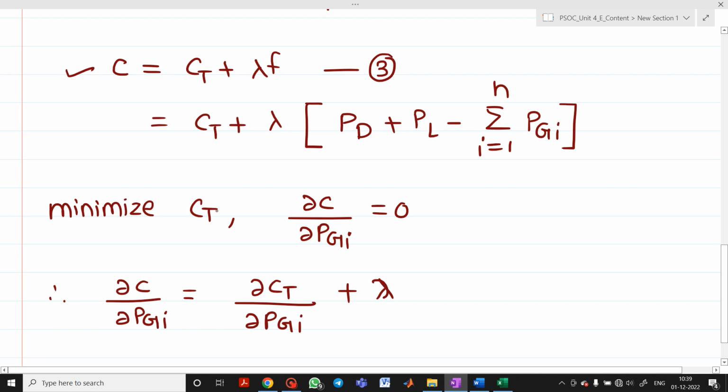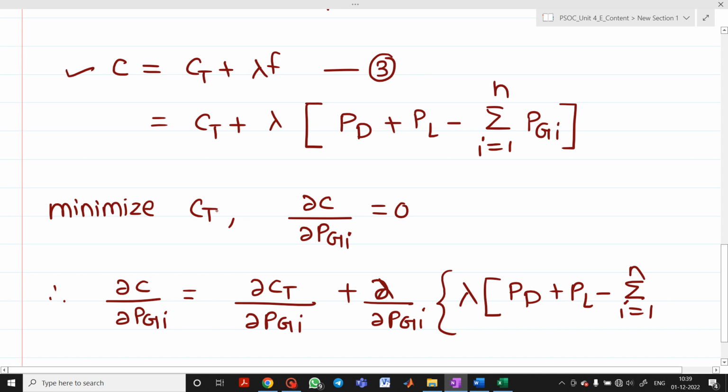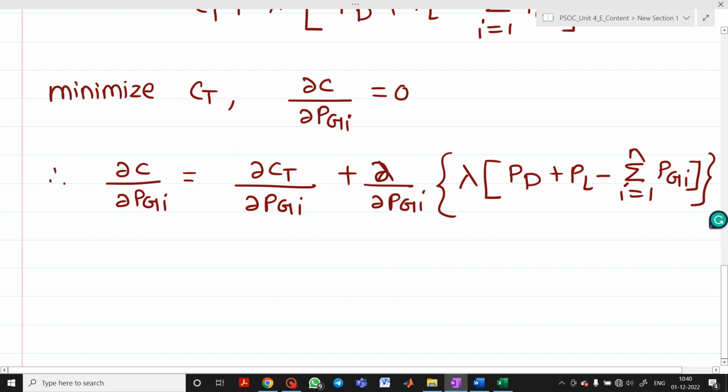Let me write it as delta upon delta PGi into bracket lambda of PD plus PL minus summation of i equal to 1 to n into PGi. Let me take this as bracket complete. And we know that it should be equal to 0, so that's why we will take it as equal to 0.